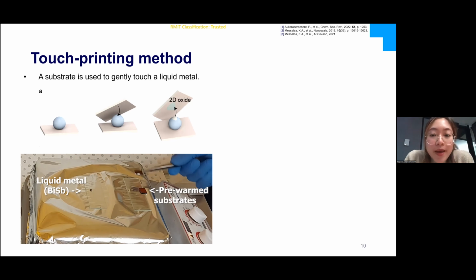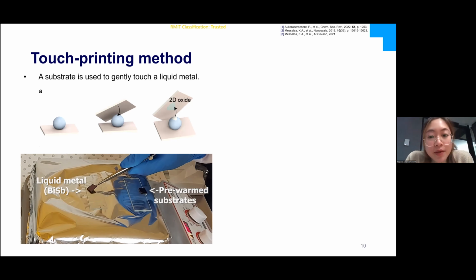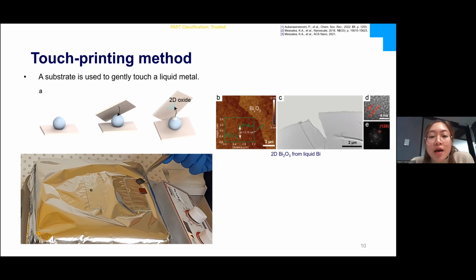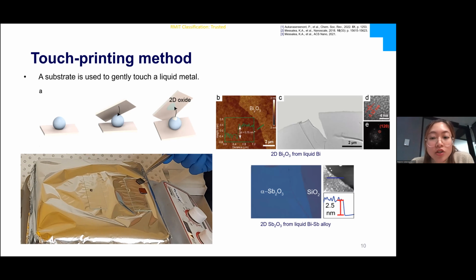You can start by heating the metal to its melting point and then touch the surface of the liquid metal with a preheated substrate. Then the oxide skin will be transferred onto the other substrate. The images on the right show 2D bismuth oxide obtained from liquid bismuth by the touch printing method.